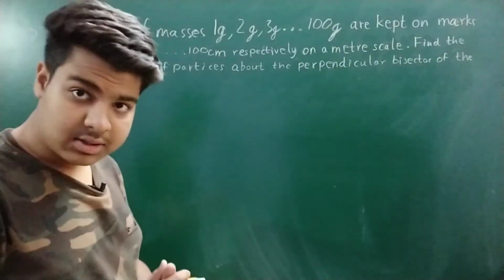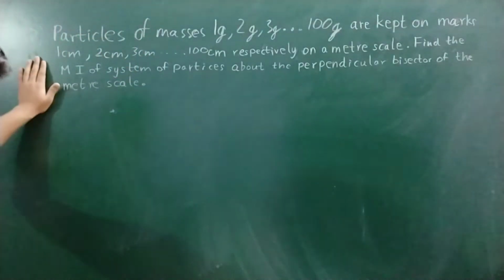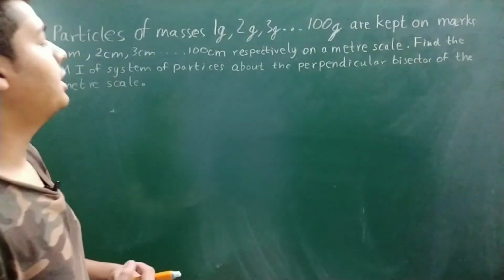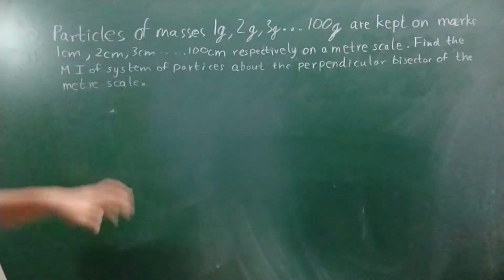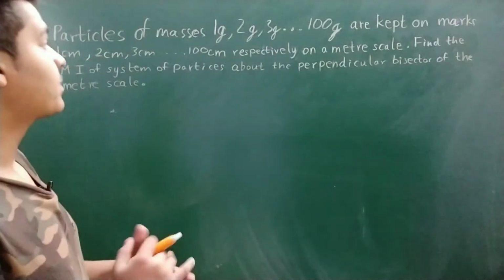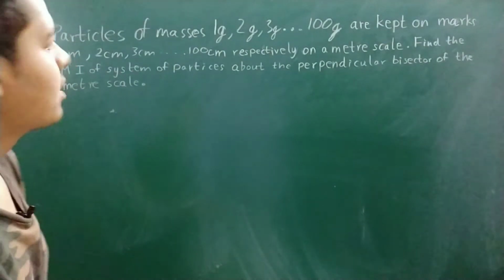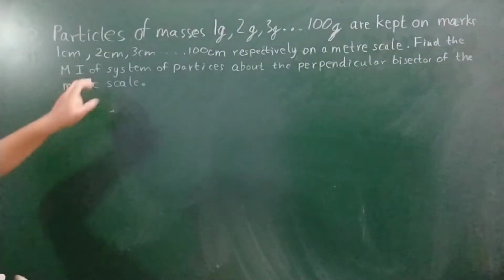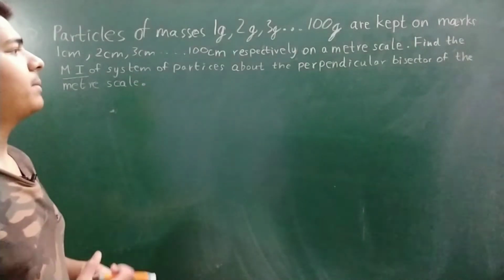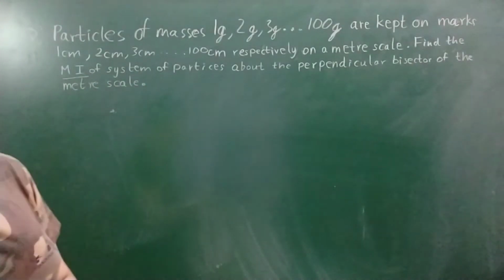So guys, this is our next question, and the question is, particles of masses 1 gram, 2 grams, 3 grams, continued to 100 grams are kept at marks 1 centimeter, 2 centimeter, 3 centimeter, continued to 100 centimeter, respectively on a meter scale. Find the moment of inertia, MI, of the system of particles about the perpendicular bisector of the meter scale.